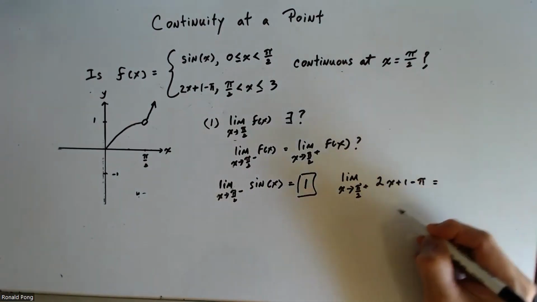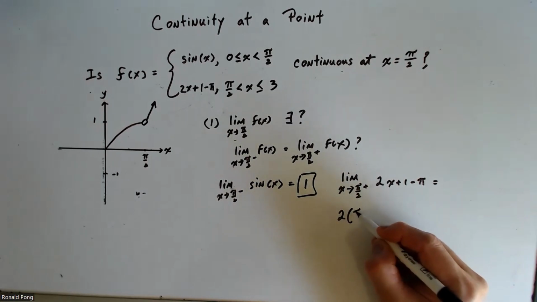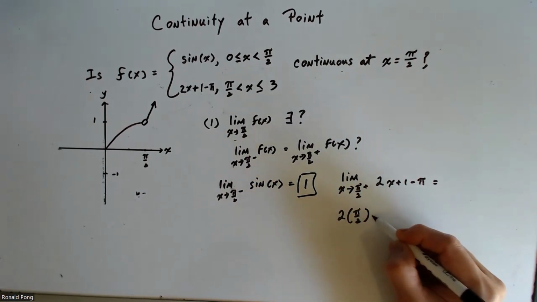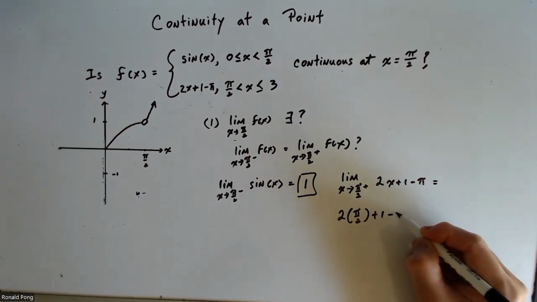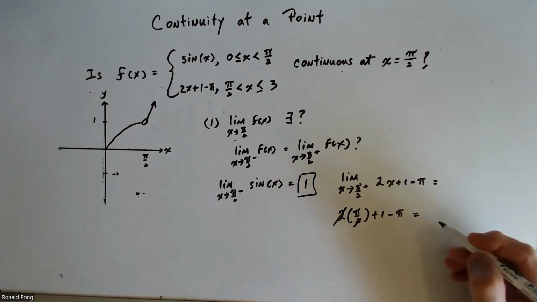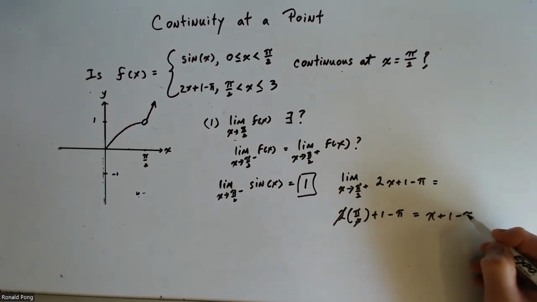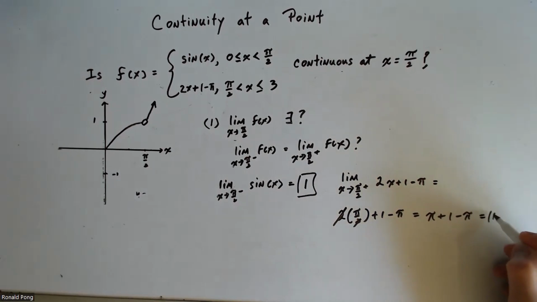Again, if we plug in to this limit, we arrive at 2 times pi over 2 plus 1 minus pi, which is equal to, canceling the 2's, pi plus 1 minus pi, which equals 1.